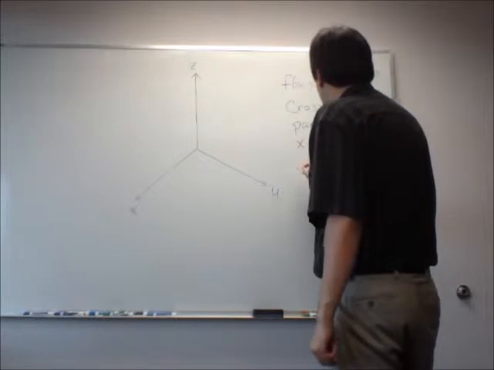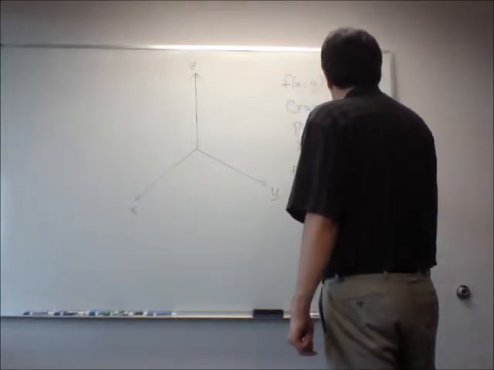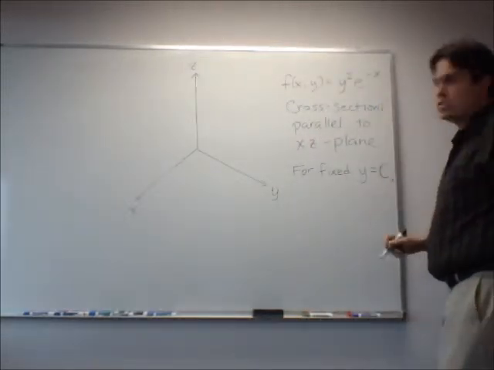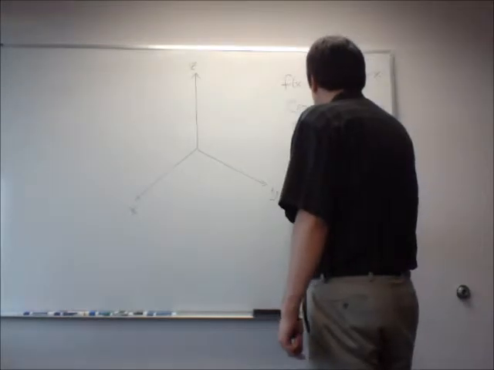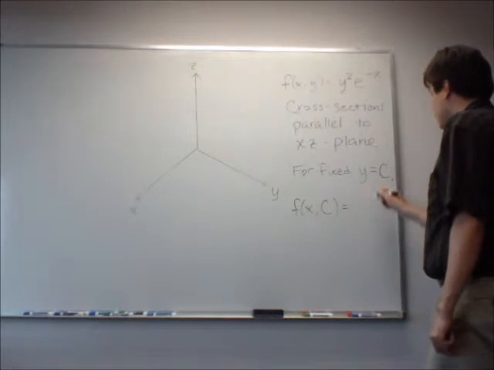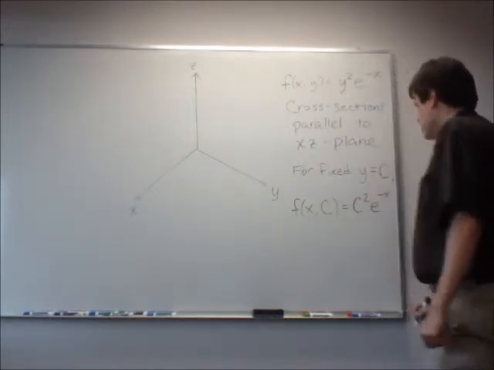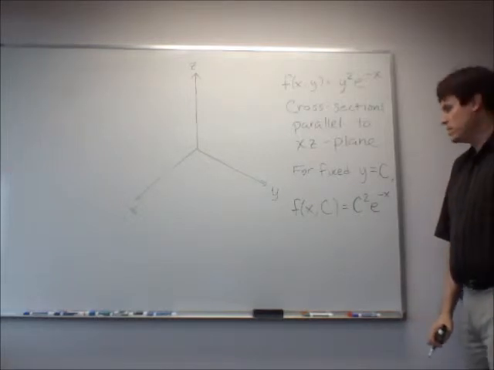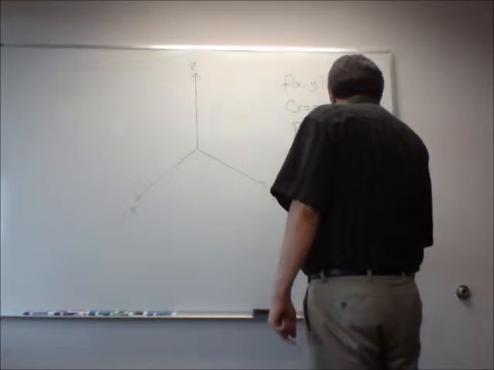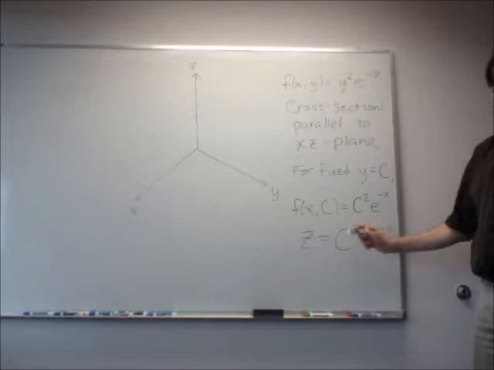So for a fixed value of y, let's call that a constant c. This equation turns into f of x comma c equals c squared e to the minus x. All right? Now, another way of saying this that's a little less fancy is c equals c squared e to the minus x, keeping in mind that c is the value of y.